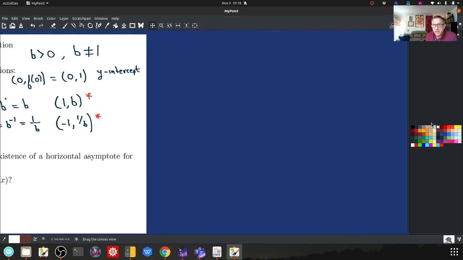Let's give an example. Let's suppose b is greater than 1. Let's just look at a paradigm case. Let's say b is equal to 2, and our function then is f of x is equal to 2 to the x.